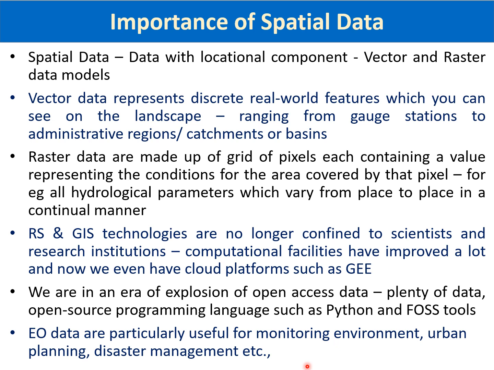NASA, for example, has a system of distributed active archive centers, which are spread all through US, and through NASA's Earth data login, you can access the data sets being distributed by these active archive centers. Similarly, European Space Agency earlier used to have Copernicus Open Access Hub, and now they have changed it to Copernicus Data Space Ecosystem.